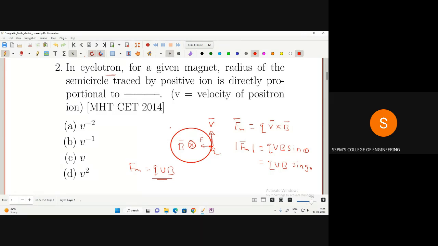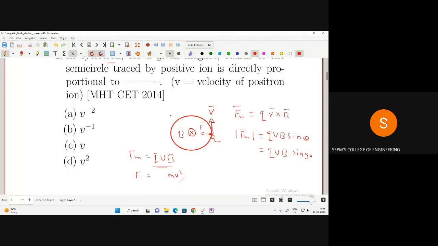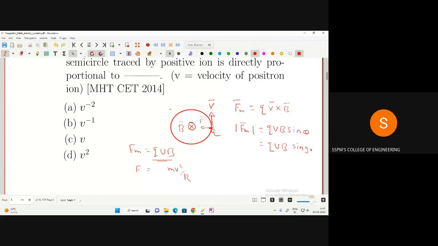The magnitude of centripetal force is, not half, that is kinetic energy. The centripetal force is m v square divided by r, where r is the radius of the circle.